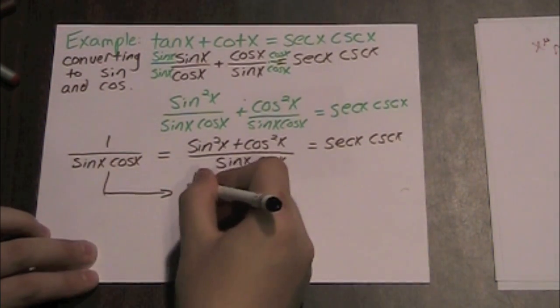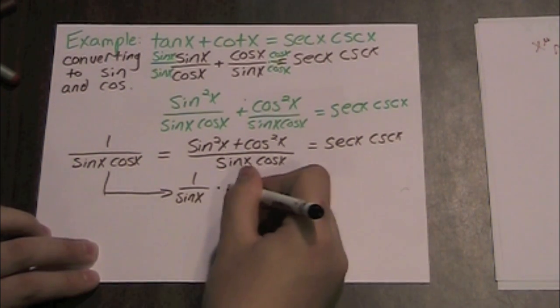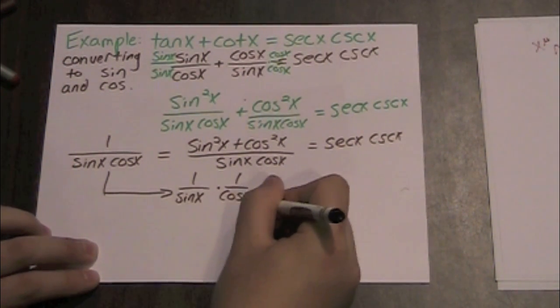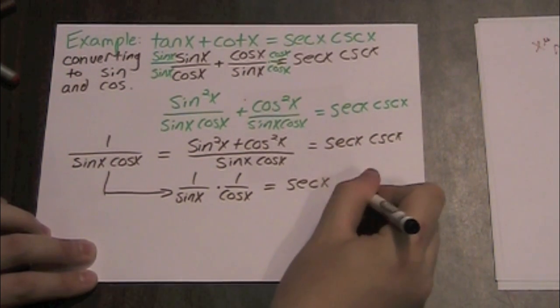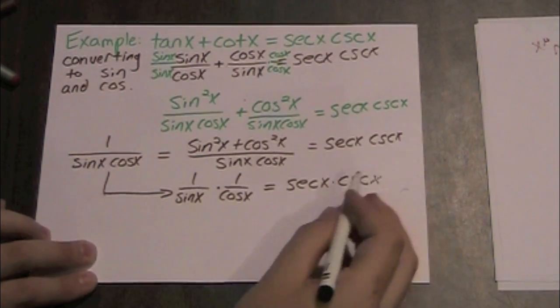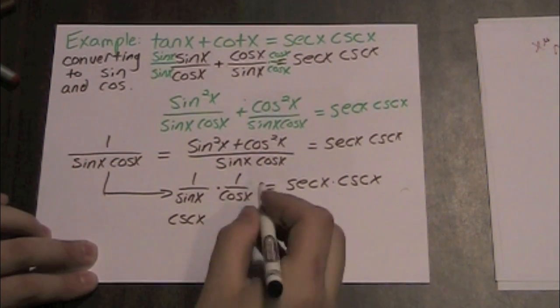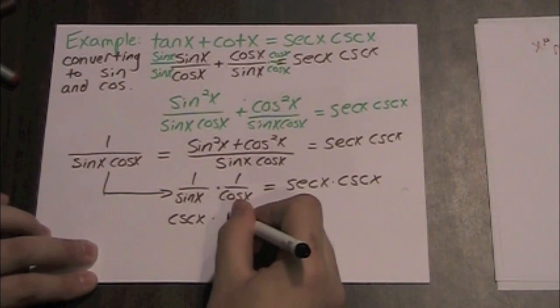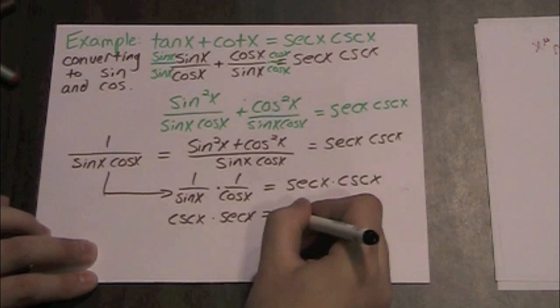What I'd like you to see is that this is the same thing as saying 1 over sine x times 1 over cosine of x. And we know something about the reciprocals of sine and cosine. They're equivalent to saying cosecant of x and secant of x, respectively.